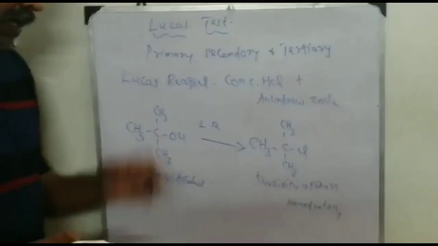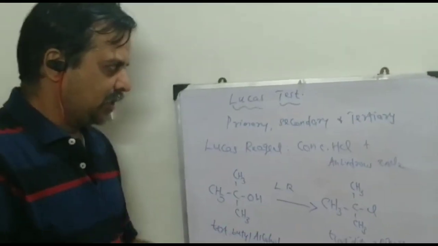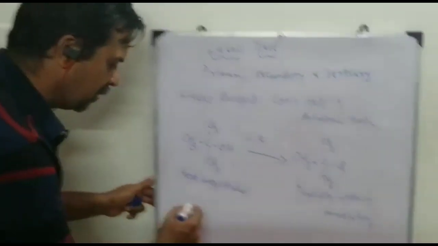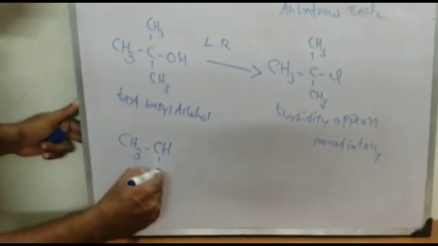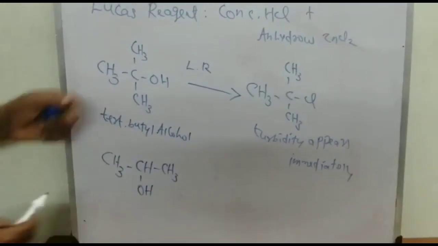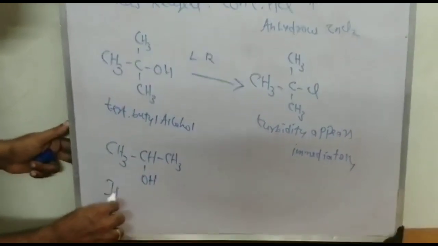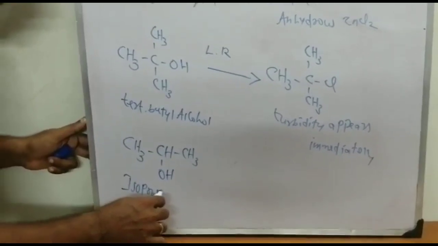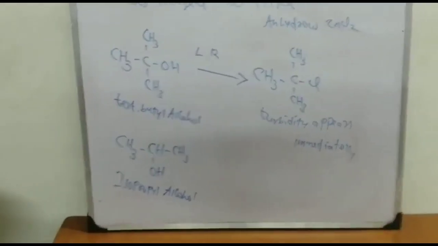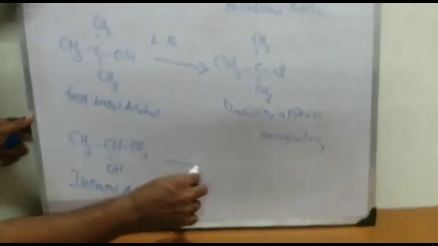Okay, right. Next, now I am going to take a secondary alcohol. See, CH3, CHOH, CH3. This is called secondary alcohol. Name of the alcohol is isopropyl alcohol. Which chemical we are going to add now? Lucas reagent. Okay.